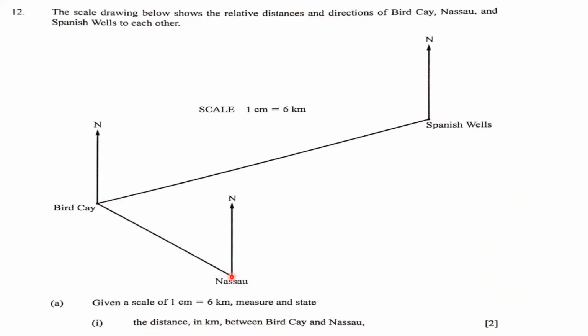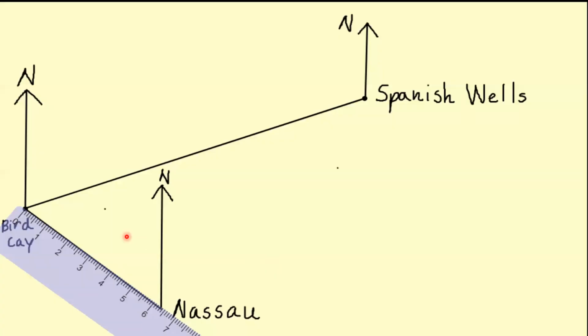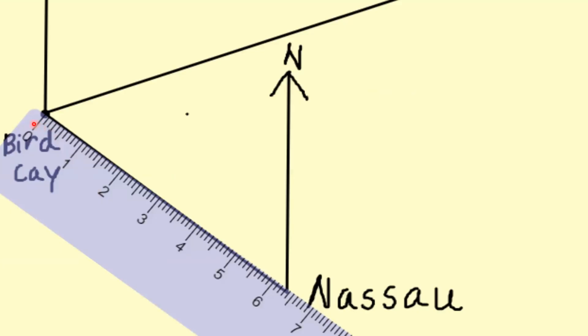All right, so let's actually get a ruler and measure it out. So if we measure it out using a ruler, we have Bird Key and we have Nassau. All right, and so let's figure out the distance from this, right? Let's figure out the actual measurement. Now let me zoom in. And so this is 0, this is 1, this is 2, this is 3, this is 4, this is 5, this is 6.